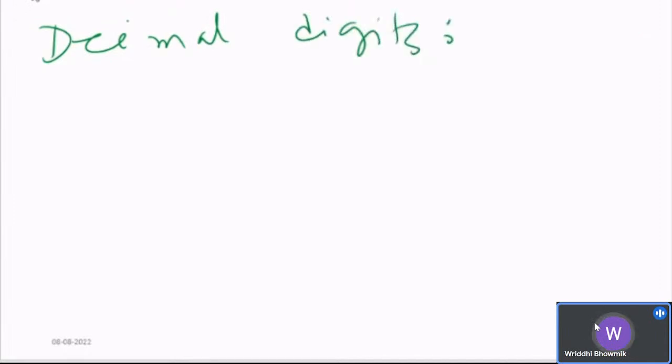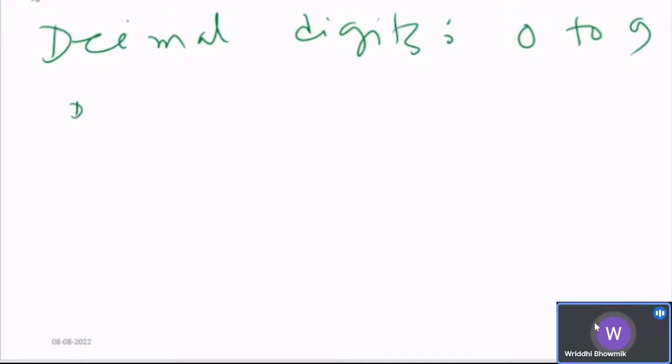Now, decimal digits. What are the decimal digits? 0 to 9. Okay, so one decimal digit will be encoded by 4 binary digits.